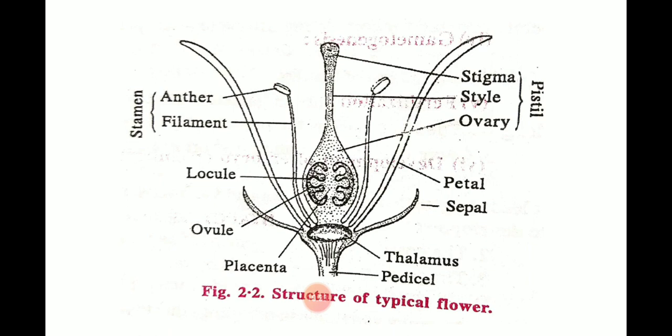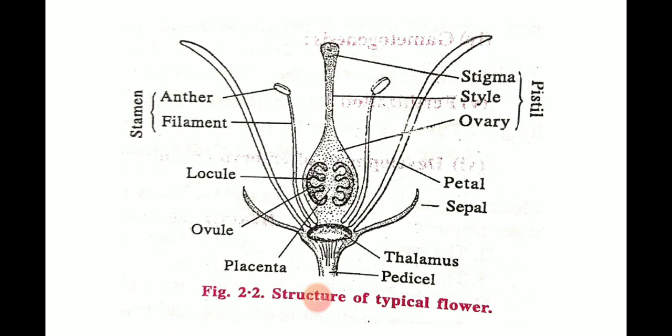The calyx is the green colored part of the flower which encloses the flower in bud stage and protects the internal reproductive organs. The petal is the brightly colored or sometimes non-colored structure which also helps in enclosing the internal structure.